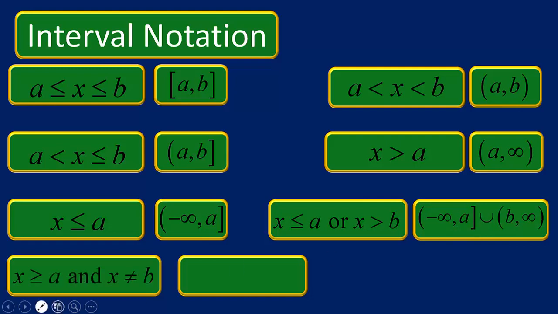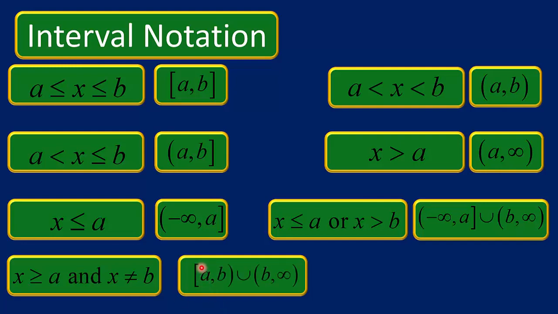Okay, we could have something like this. X is greater than or equal to A, and x cannot be B. Remember, B is bigger than A, so we're thinking we're starting at A, we're going to infinity. However, we can't let x be B, so we've got to just step over B. So here's what we have.